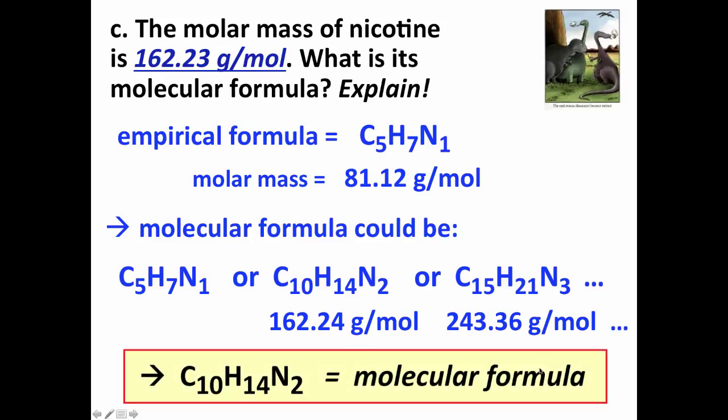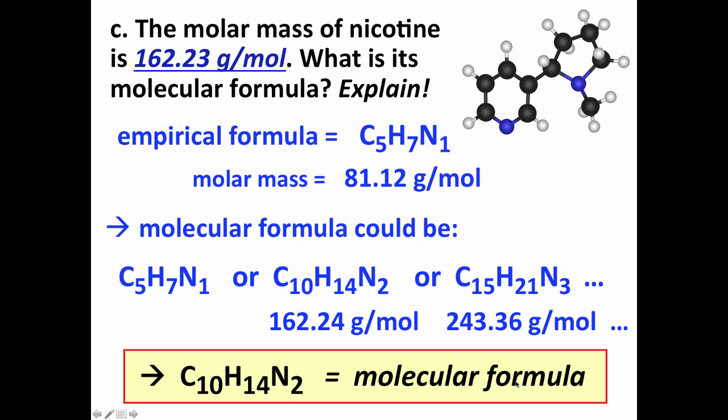So we can conclude that the molecular formula is C10H14N2. There's what a molecule of nicotine actually looks like. You can count up the carbons, hydrogens, and nitrogens and see it is 10 carbons, 14 hydrogens, and 2 nitrogens.